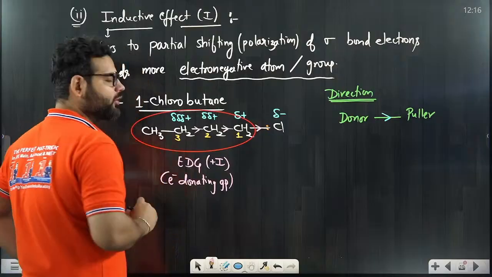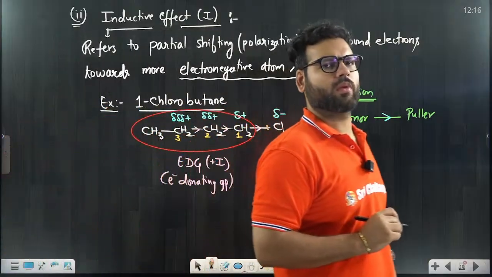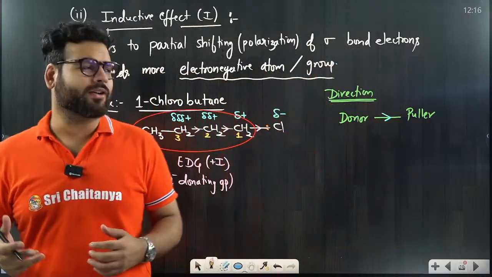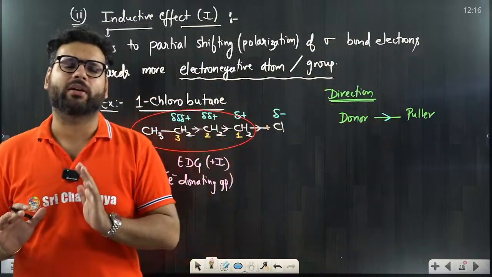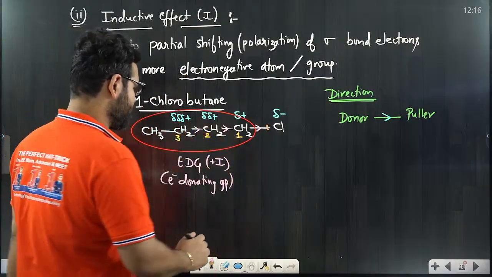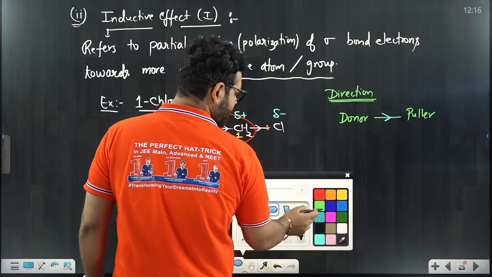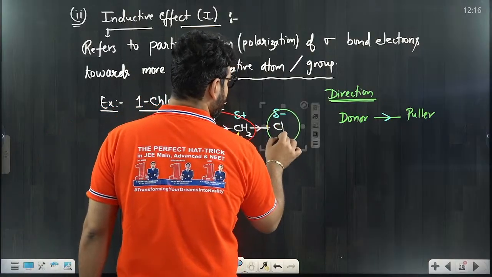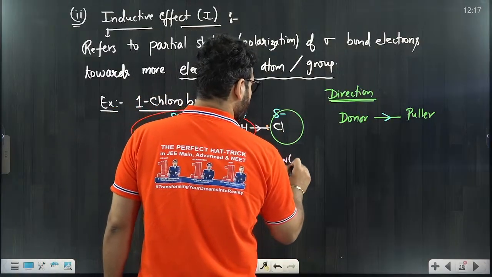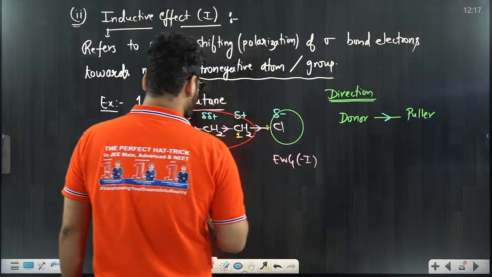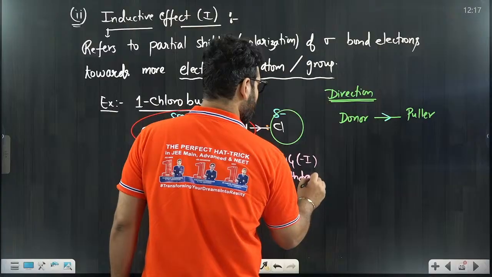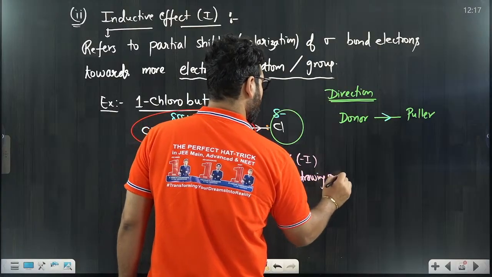There are some functional groups which can act as electron donating, like O negative, like NH negative. So whenever a functional group has a negative charge, only then can it donate. Otherwise, all are pullers only. Okay, so Cl is acting like a withdrawer, EWG, electron withdrawing group, or minus I.